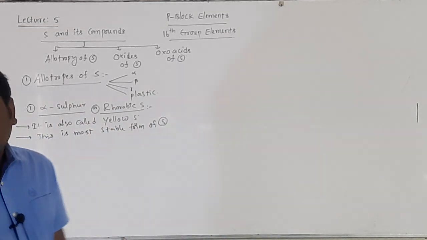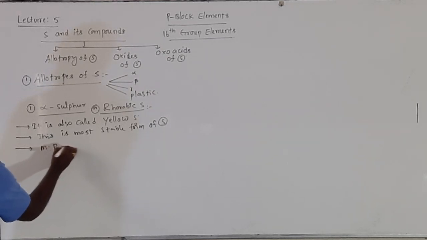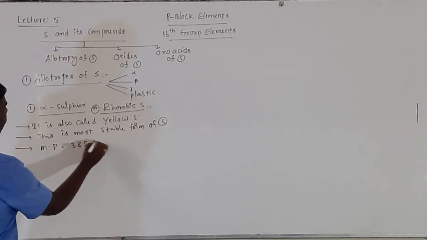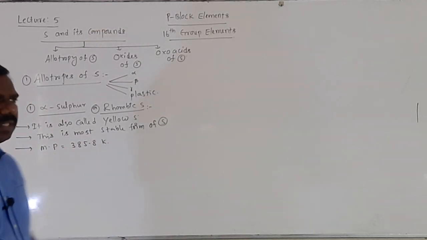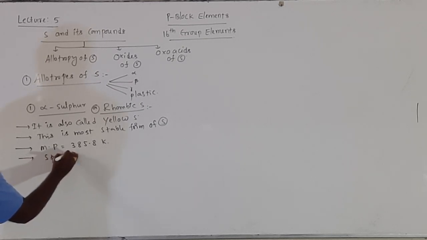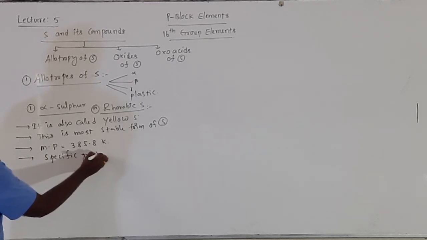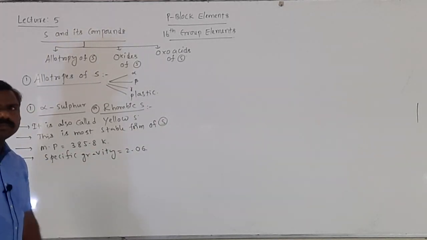Next, the melting point of this sulfur is 385.8 kelvins. Specific gravity of this rhombic sulfur is 2.06.